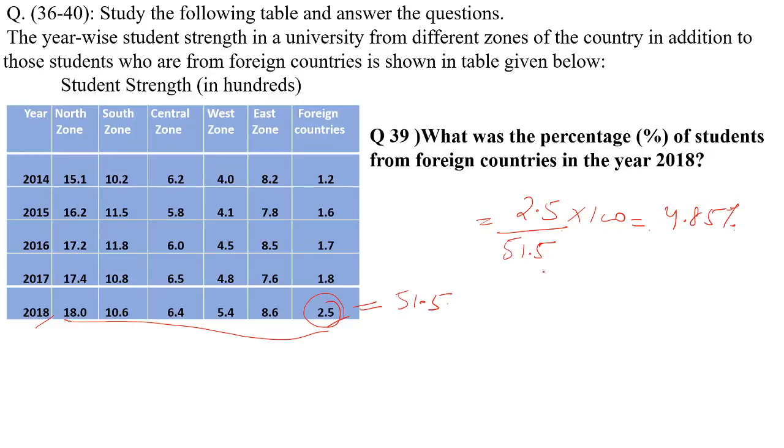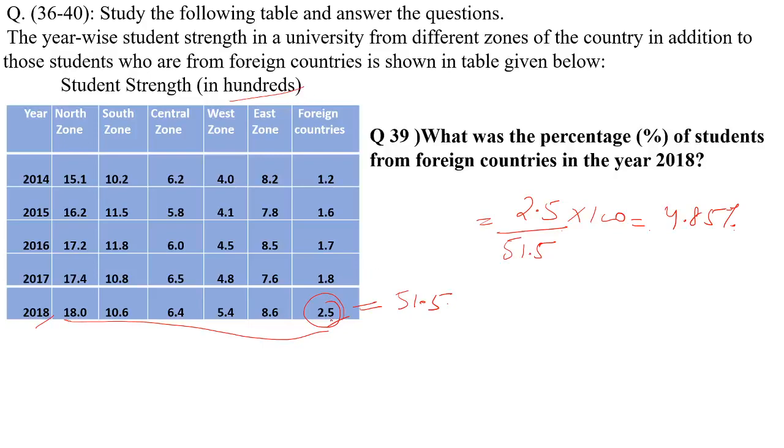So I think you understand this question, right? What was the percentage of students from foreign countries in the year 2018? So in 2018, 2.5, like here it is written in 100 student strength.